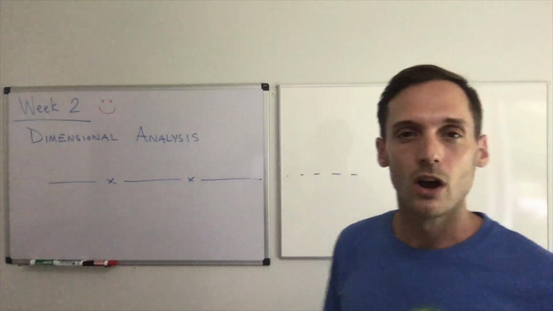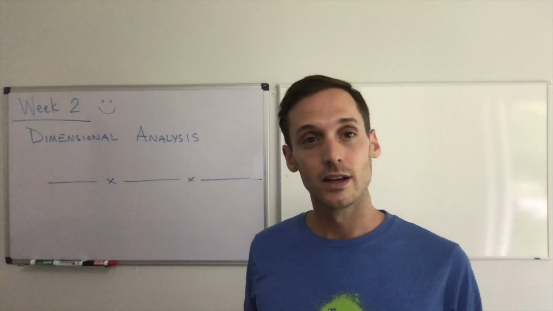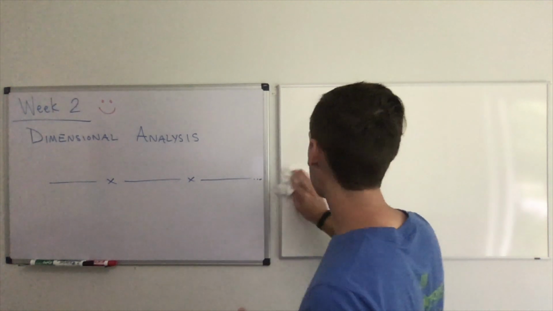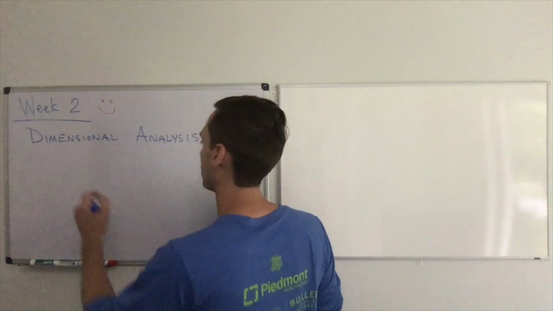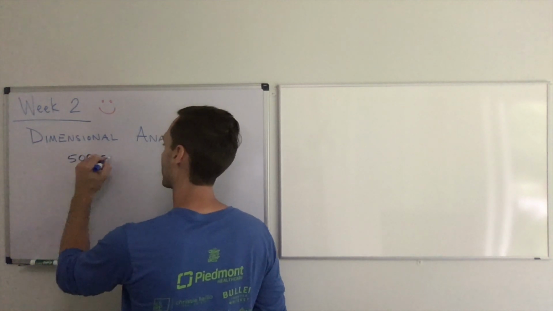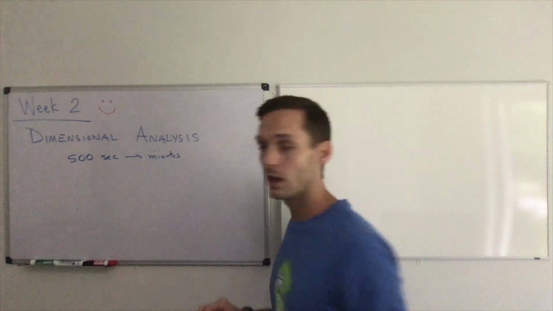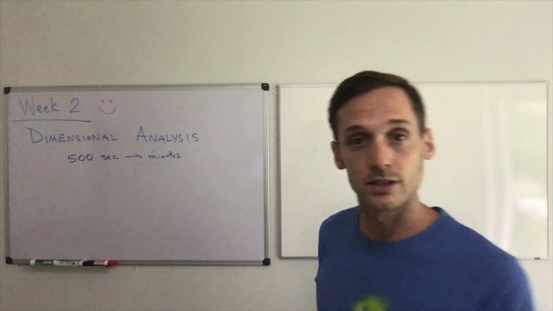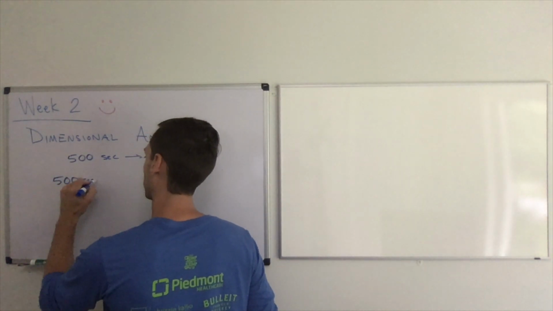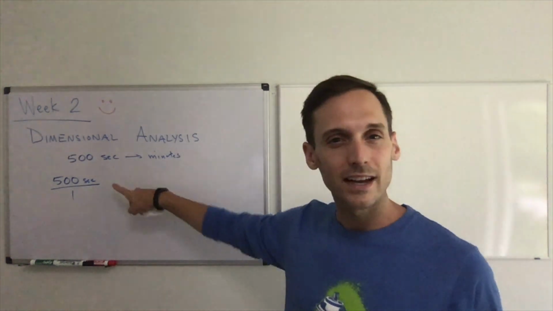Let's just say we are trying to go from the unit of seconds to the unit of minutes. Let's say we have a problem where we're literally just trying to go from 500 seconds and convert that to minutes. The way we use dimensional analysis to solve this is we're going to put our given number and make that into a fraction.